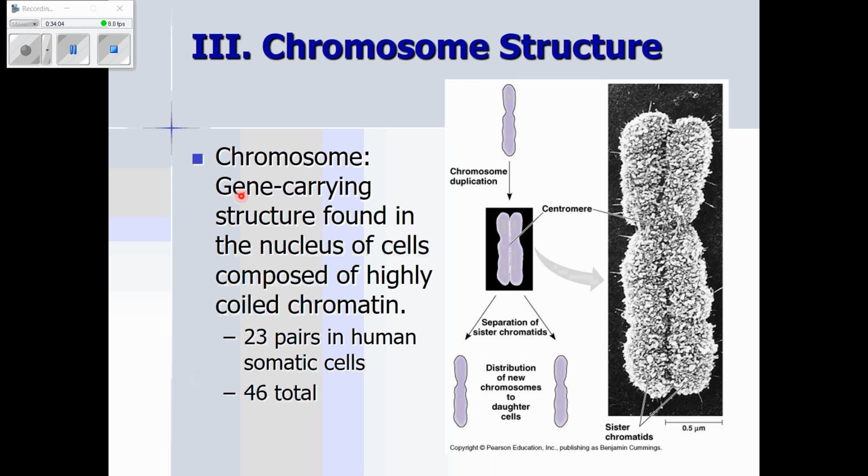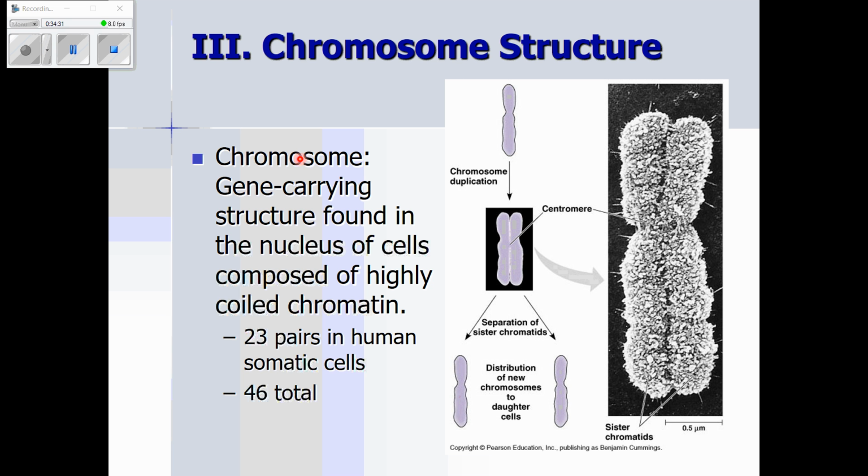What is a chromosome? In short, it's a gene-carrying structure found in the nucleus of our cells. And what is it made out of? It's made out of chromatin. The chromosome is just a highly coiled strand of chromatin. It's DNA that has twisted and coiled and shortened and thickened.